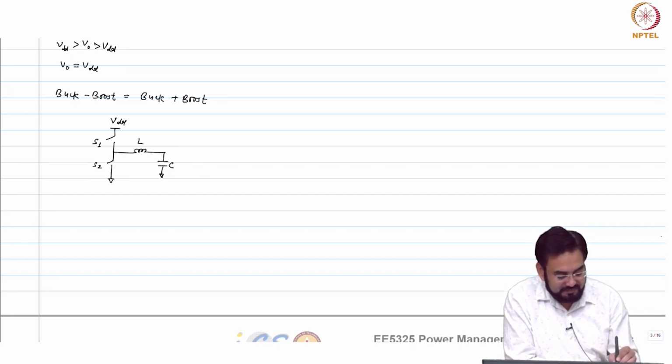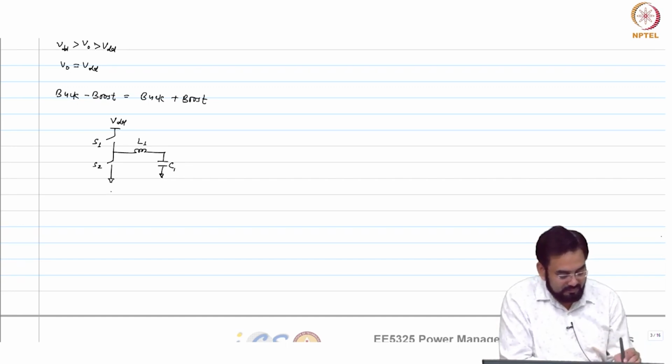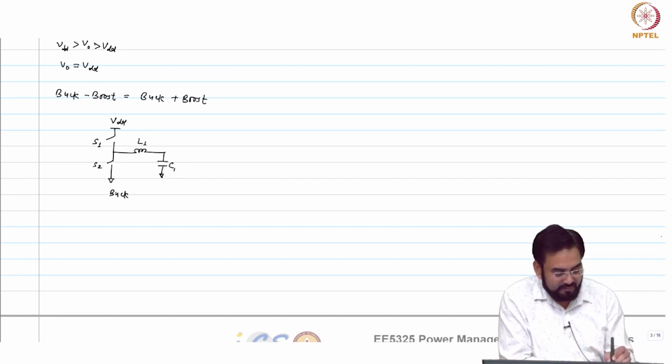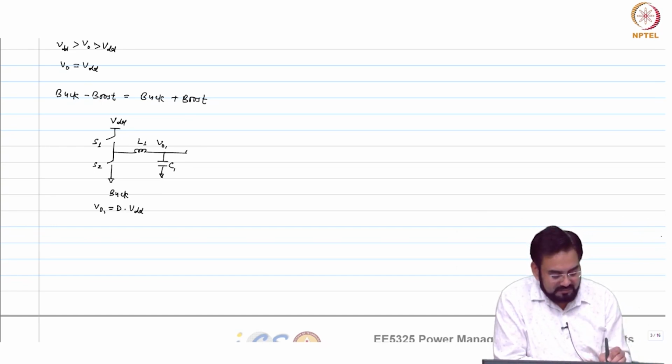So what is V out here? If I call it VO1, it is D times VDD. Let's say I have L2. I will call it S3.